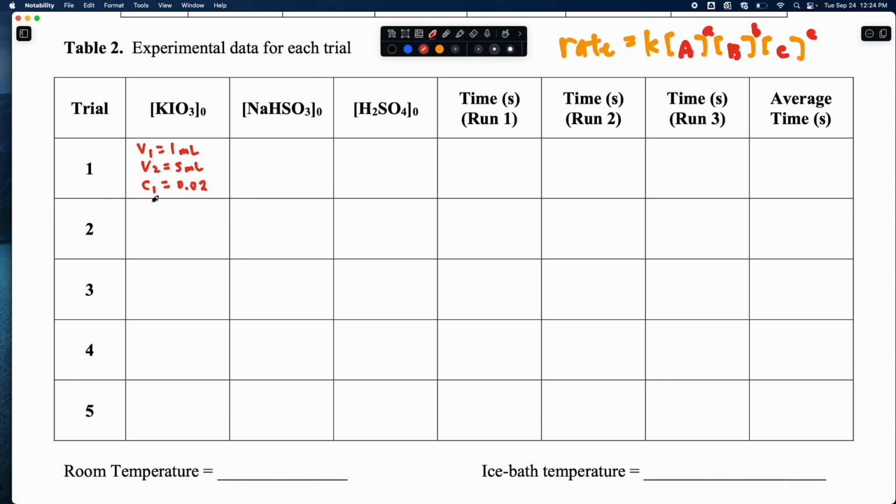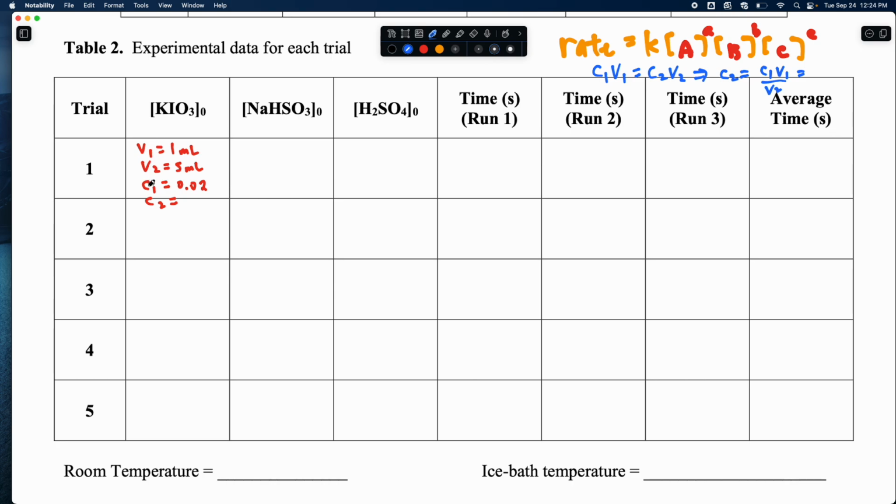Well, if it was 0.02, then C2, which is the concentration of this stuff, doing blue. Same formula as C1, V1 equals C2, V2. And so C2 is equal to C1, V1 over V2.